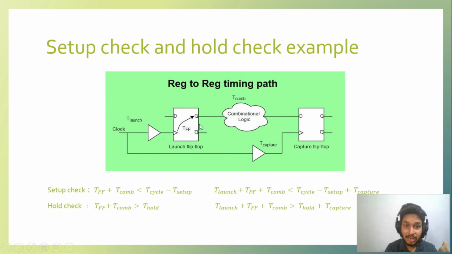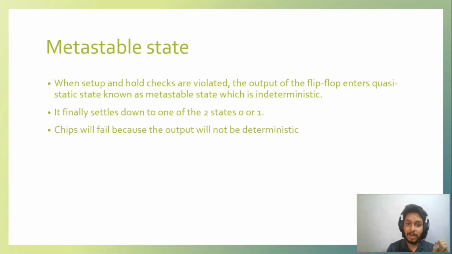The propagation delay of this data path is restricted between minimum and maximum values. Those values are T hold and T cycle minus T setup. It has to be greater than T hold, and it has to be lesser than T cycle minus T setup. So this is the minimum and maximum value of the propagation delay of the path itself.